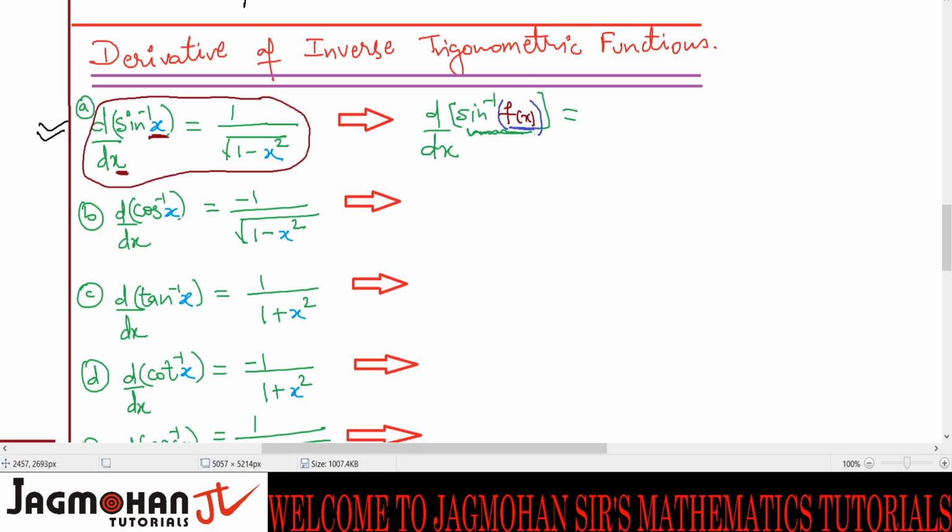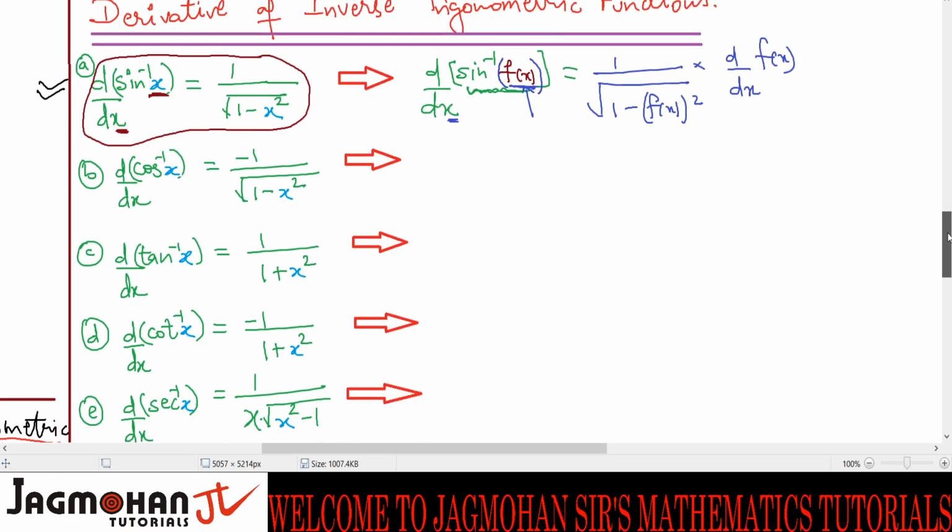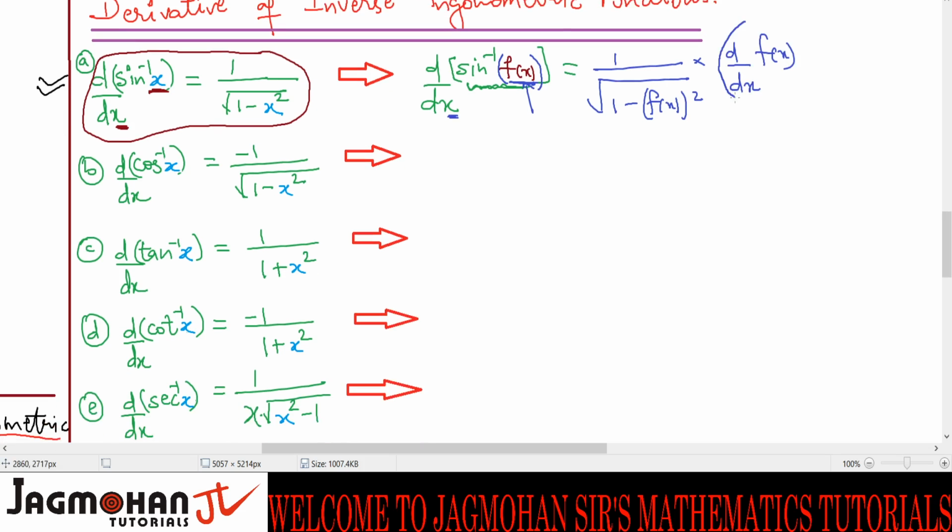This time the variable is not matching, so it is a composite function. Its derivative will be, you know, d by dx of sine inverse x is 1 upon root 1 minus x square. So this will be 1 upon square root of 1 minus f of x square. Why f of x square this time? Because x is replaced by f of x, into d by dx of f of x. You know this part you always have to write whenever there is a composite function.